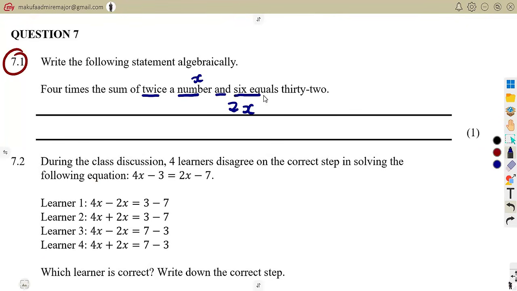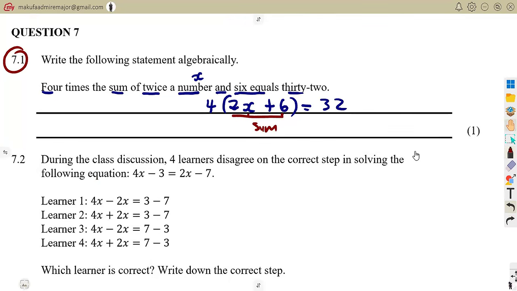They are saying the sum of twice a number and 6. This is the sum. But what do we need from this sum? We need 4 times that sum. 4 times this sum is supposed to be equal to 32. That is what we are given. This is the sum of twice a number and a 6.